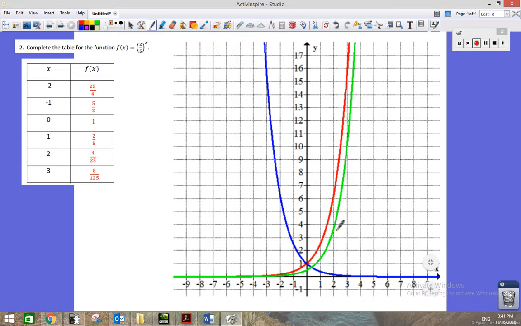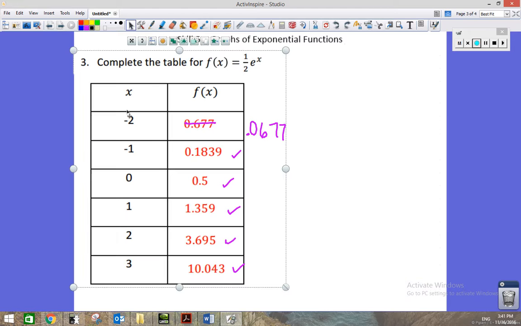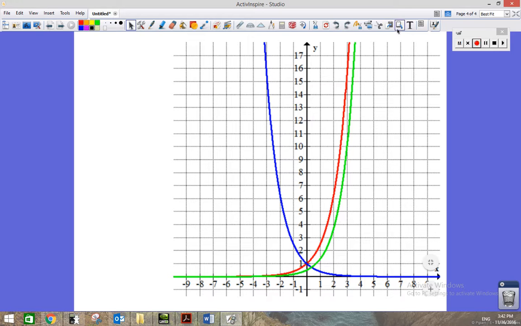Now, what about this green one? Well, remember the green one was the exponential. So let's see if we can recognize the green versus the red here, if we can tell the difference.